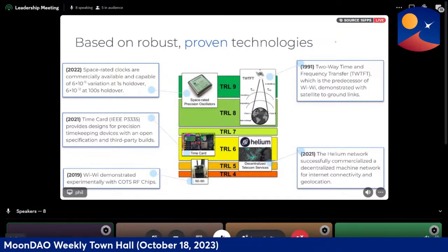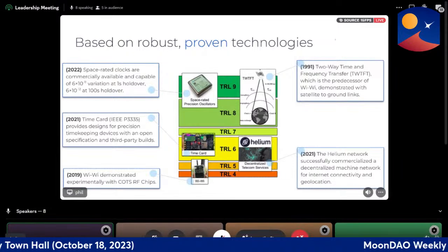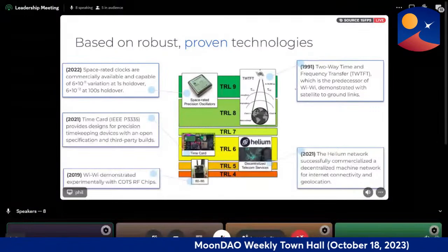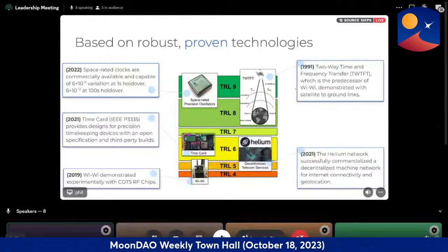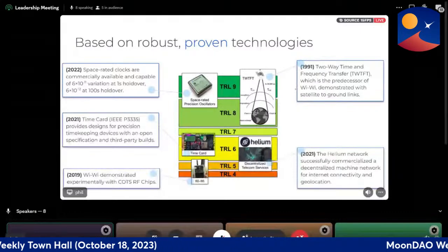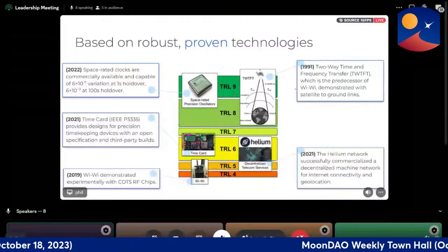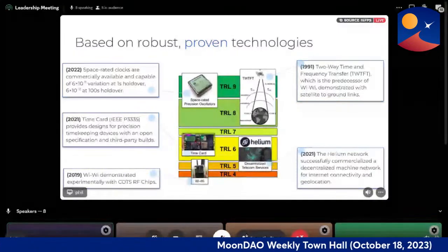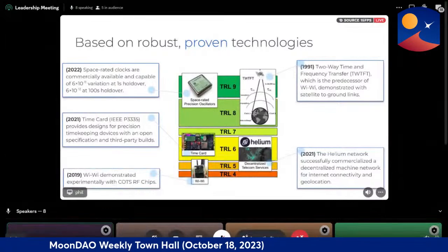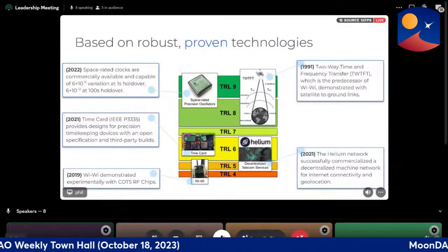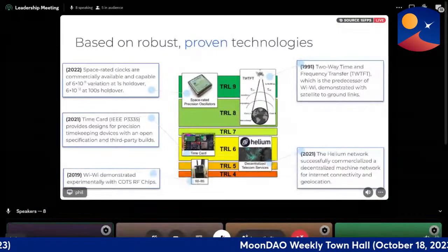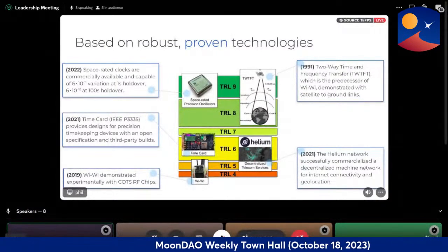In 2019, YY was demonstrated with commercial off-the-shelf components on a Wi-Fi network. Time card, which is currently under review as an IEEE standard, is a PCI Express card that can plug into your desktop computer and do sub-nanosecond timekeeping. The hardware and software for that are both completely open source.